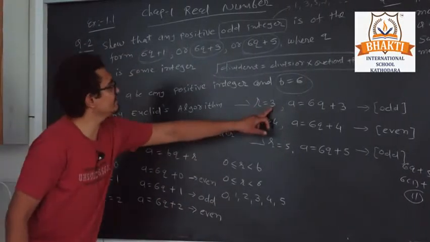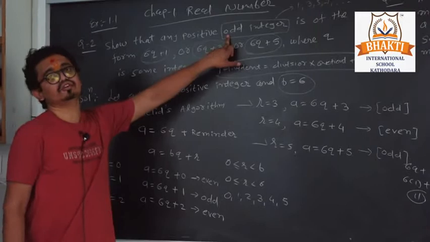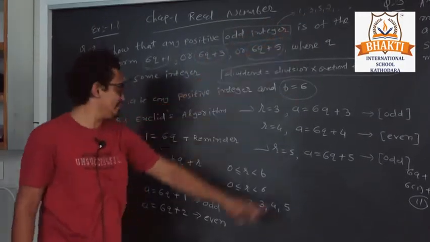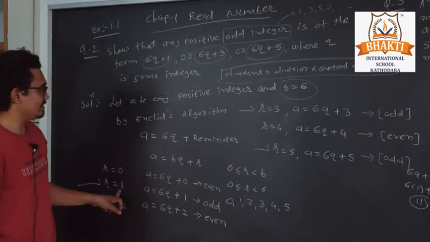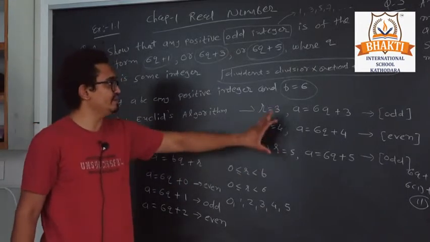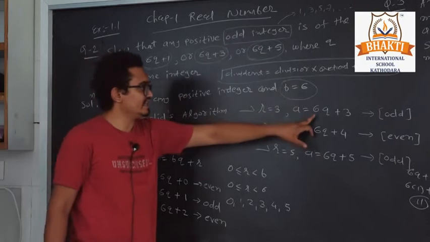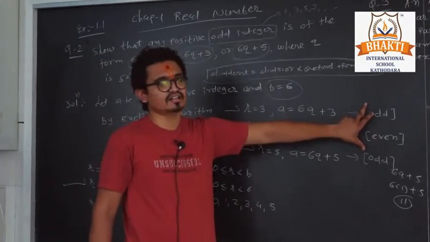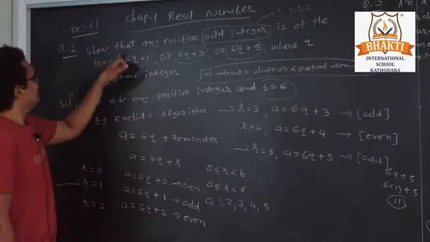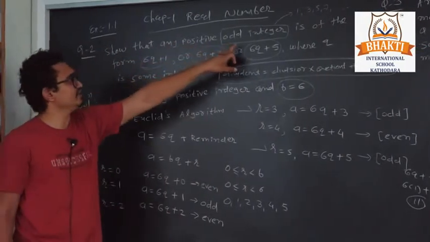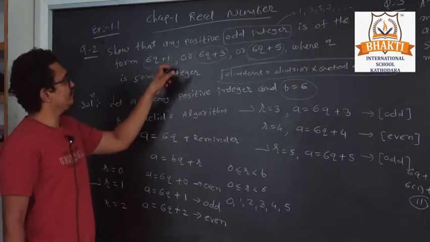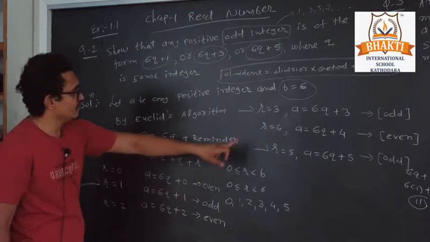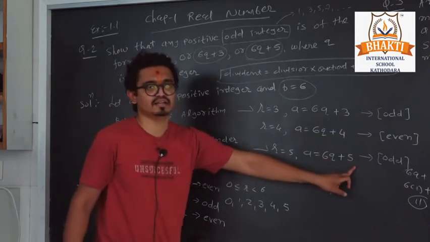So what kind of integer do we have? Odd integer. Odd means 1, 3, 5, 7 like that. So if we put r is equal to 1 or 3 or 5, meaning odd numbers, in that case what kind of answer do we get? Odd integers. So it is proved now. If we put any positive odd integer, it is always in which form? 6q plus 1, or 6q plus 3, or 6q plus 5.